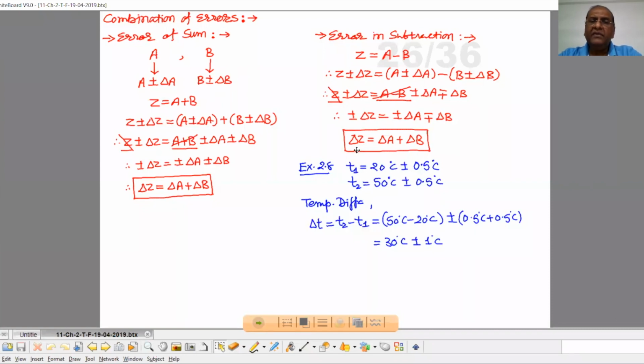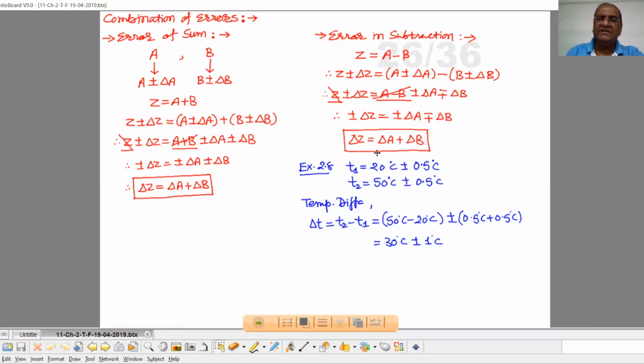Now, here again, the maximum possible error is delta Z equal to delta A plus delta B. So from this we can conclude: when two quantities are added or subtracted, the absolute error in the final result is equal to the summation of the absolute errors in the individual quantities.